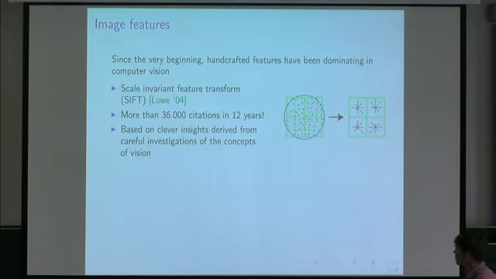It's based on clever insights on the concepts of vision. Basically it computes gradients, then computes histograms from those gradients and does some normalizations. It works very well: it can cope with viewpoint changes, illumination changes, and so on. But it's still relatively simple.